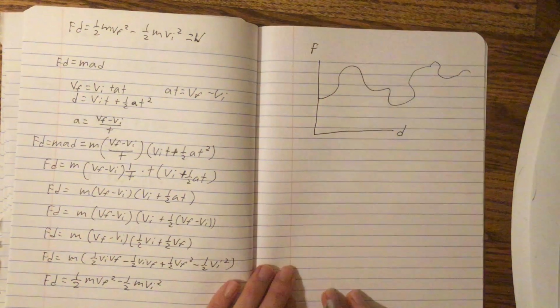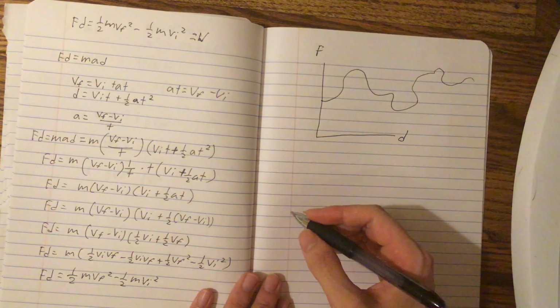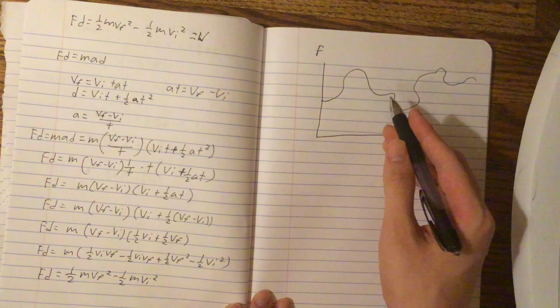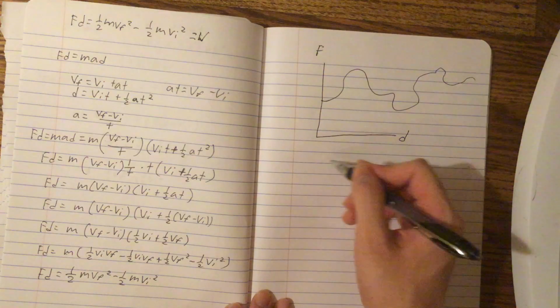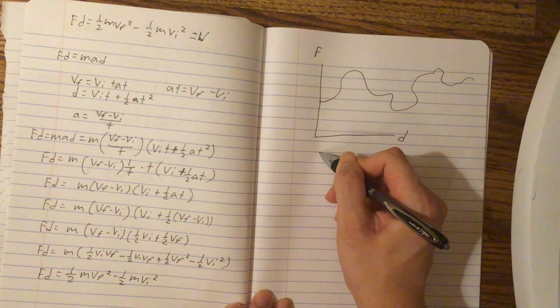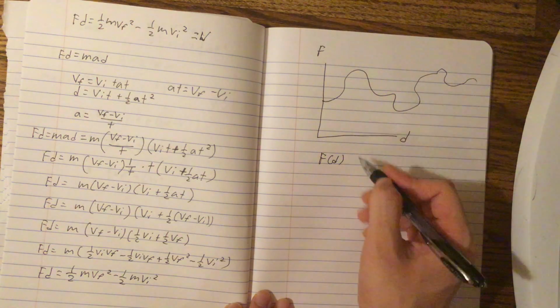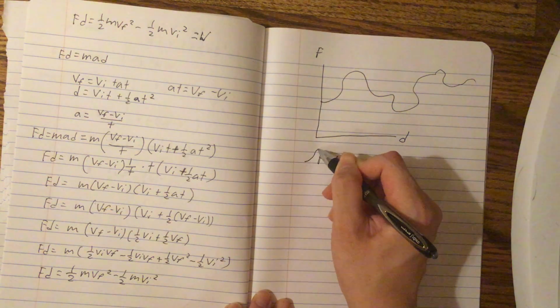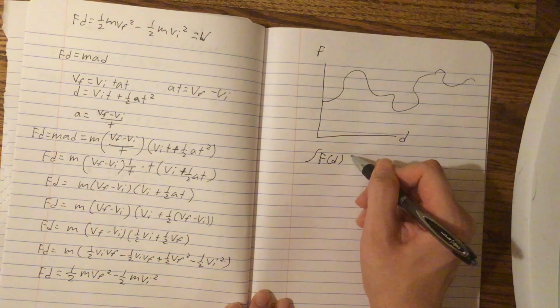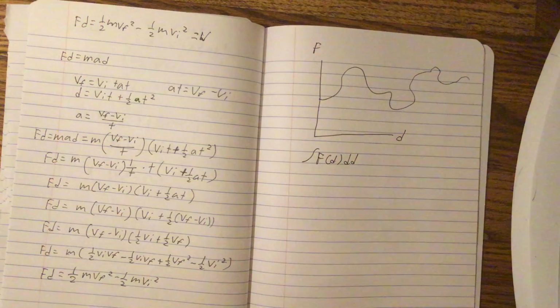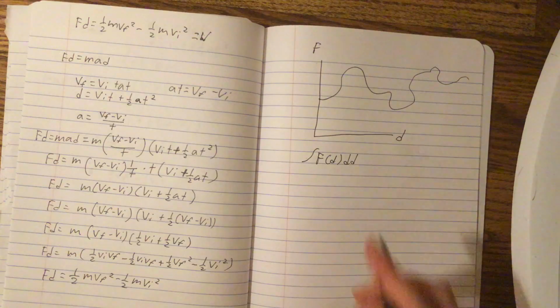Well, what we can do is, when we take an integral, we can find what this function equals. We can say F is a function of d, and we can simply take an integral of this with respect to d, and then we get energy.